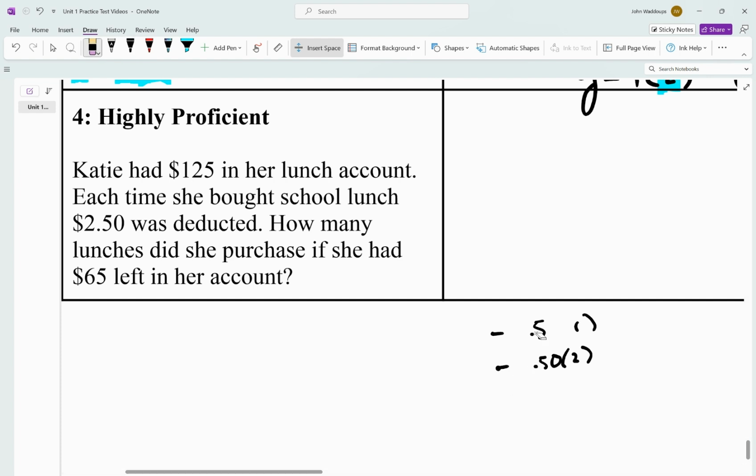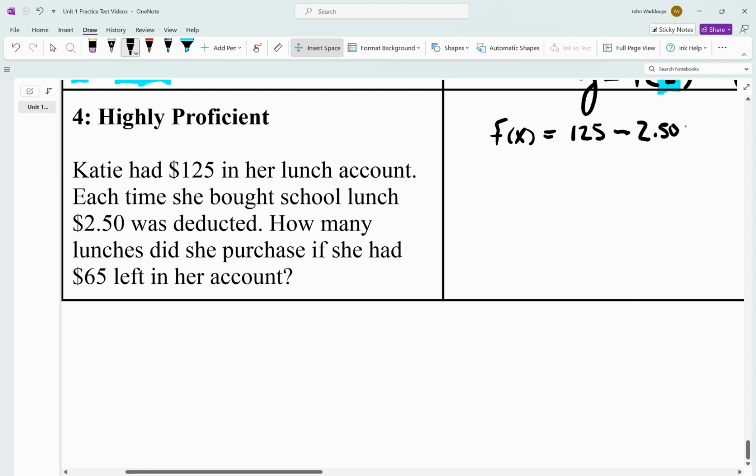Now, what we're going to do is write a function. Our f of x, our function, is equal to $125 that we started with minus how many lunches you had. So we'll say $2.50 times x.